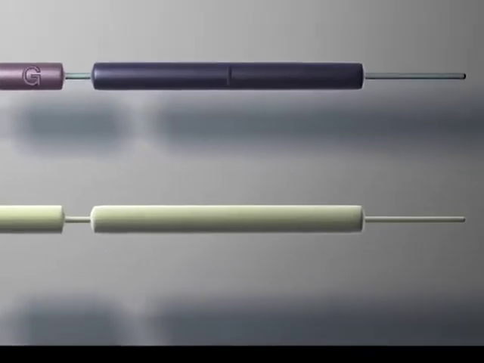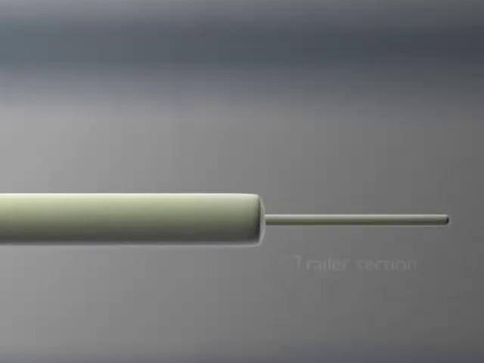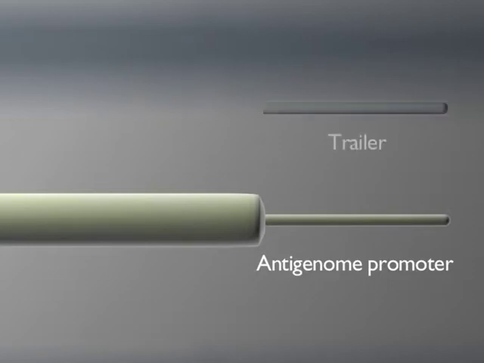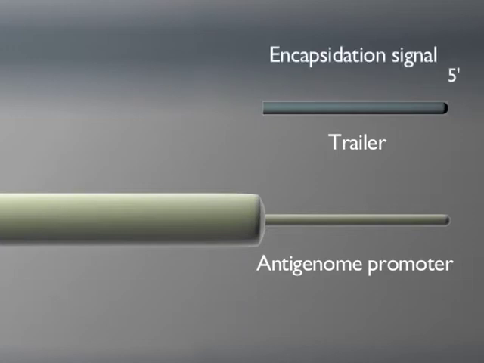On the 3' end of the antigenome RNA, we have the trailer section, or better, the antigenome promoter. The product of the antigenome promoter is the trailer. The trailer RNA also carries an encapsulation signal at its 5' end, and it's even more successful than the leaders.